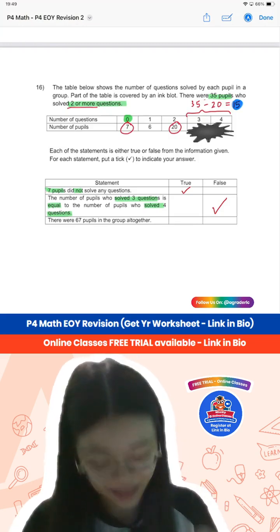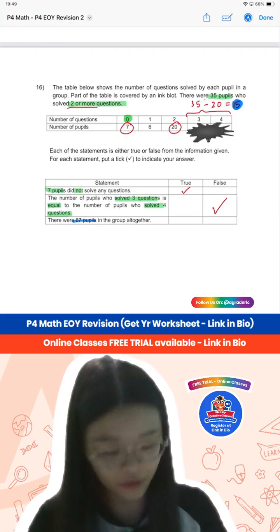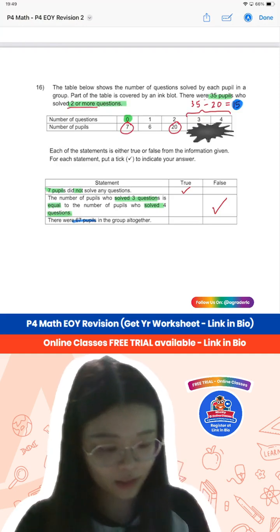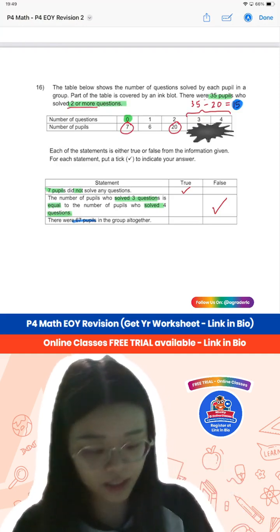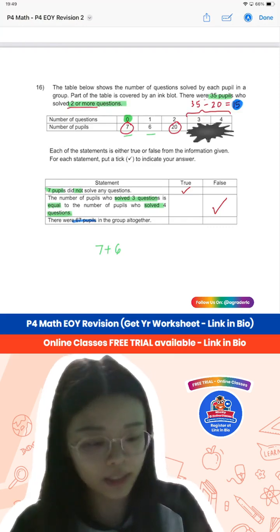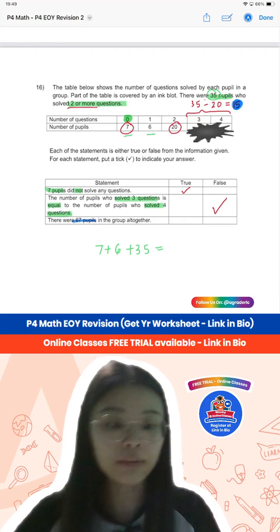Okay, last one. There were 67 pupils in the group altogether. Is it true or is it false? This one should be very straightforward. All we need to do is to add all the students. So 7 from here, 6 from here, and then the next one is 35, right? So we just add 35. 7 plus 6 plus 35.